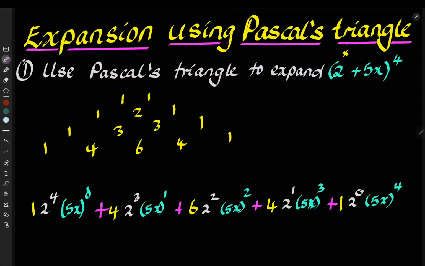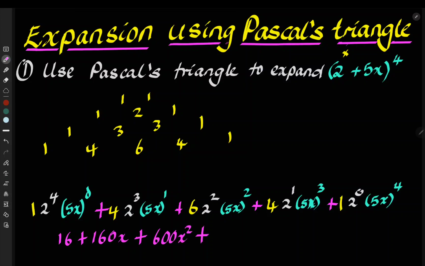Then the final answer will be 2 to the power 4, that will be 16, plus 4 times 8 times 5, that will give you 160x. Remember, there is x, 5x to the power 1. Then plus 6 times 4 times 5 squared, and this will give you 600x squared.